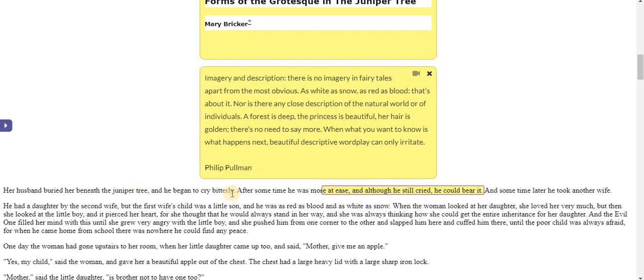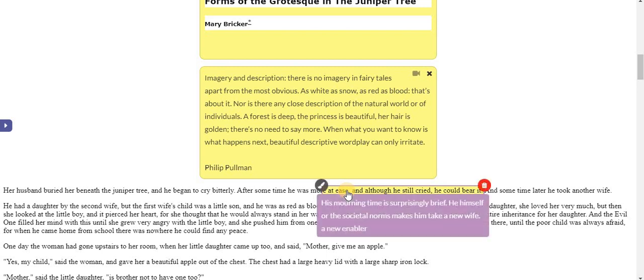And again, when she dies, he cries bitterly, but after some time he is able to pull himself together and bear it, which means that the man is again indifferent, as in the case of most fathers in fairy tales. Most fathers who take second wives in fairy tales, again this is a stereotypical characterization, okay? In real life it may not be like that.